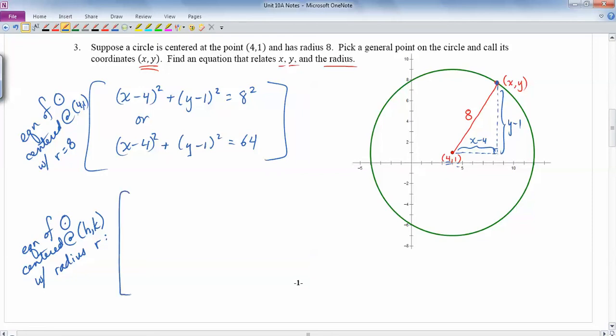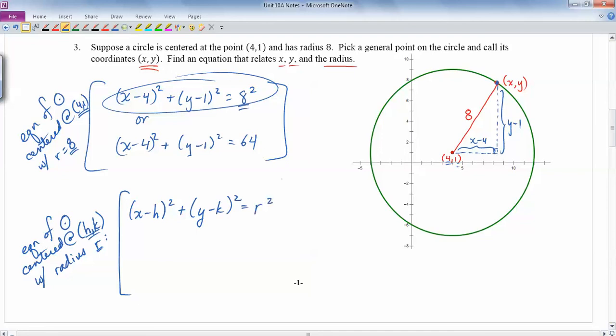Well, we're basically just replacing the 4 and 1 with an h and a k and the 8 with an r. So if we replace the 4 and 1 with an h and k, then this equation turns into x minus h squared plus y minus k squared equals, and then instead of 8, it's r squared right there.